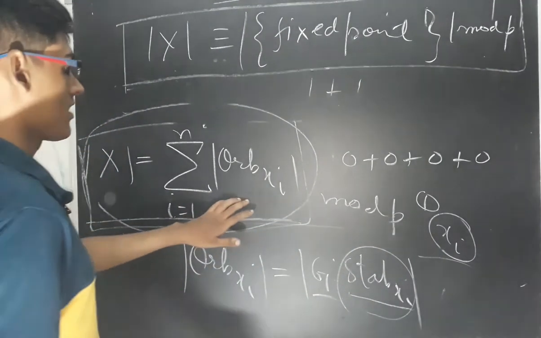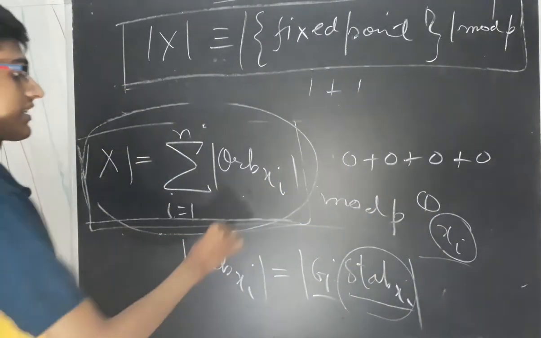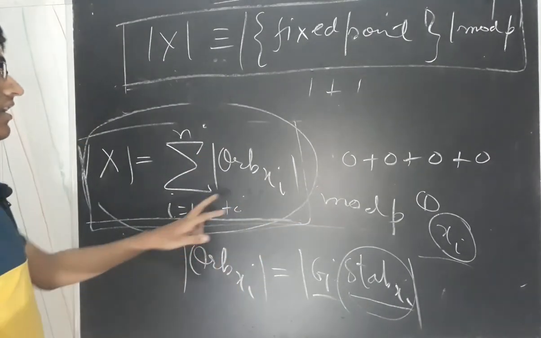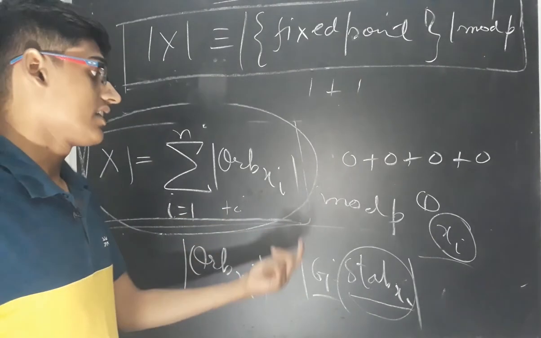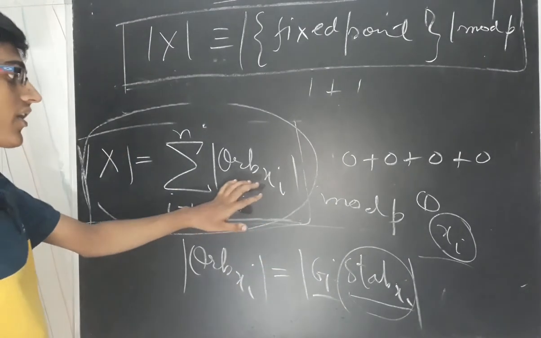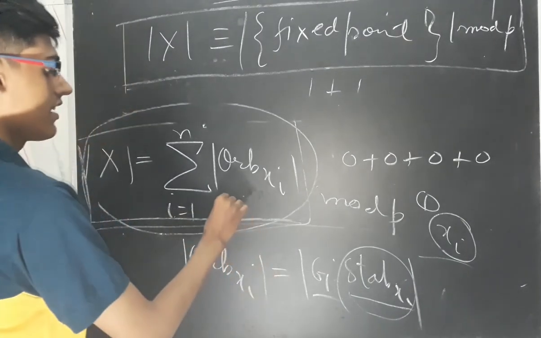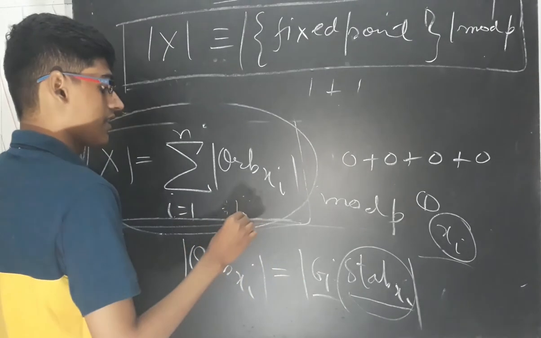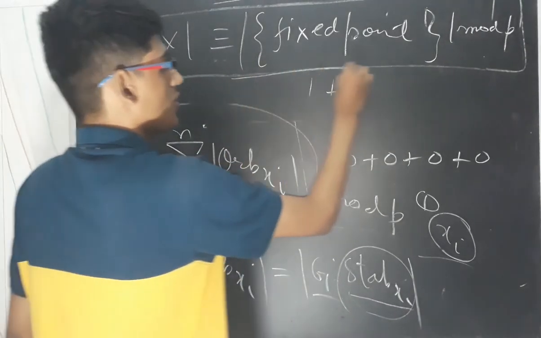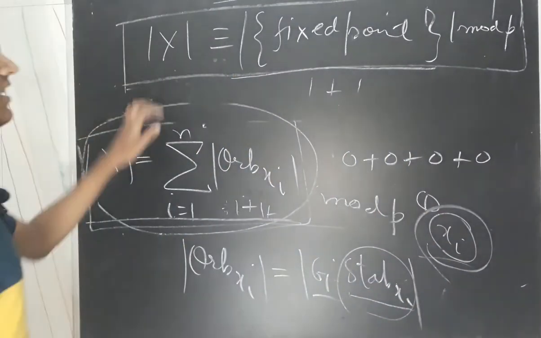When you open the summation, each orbit gives 0 if its order is divisible by p. But when the stabilizer is equal to the group, this no longer gives 0; it gives 1 every time. So we need to add 1 for each fixed point xi. This satisfies the relation.